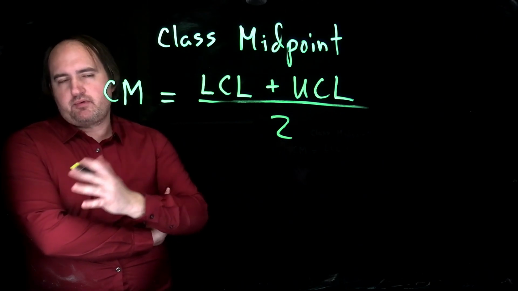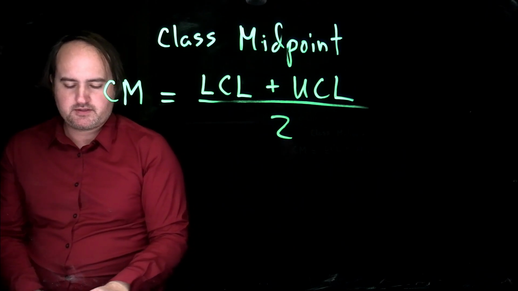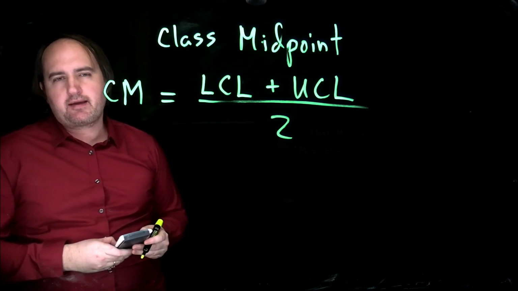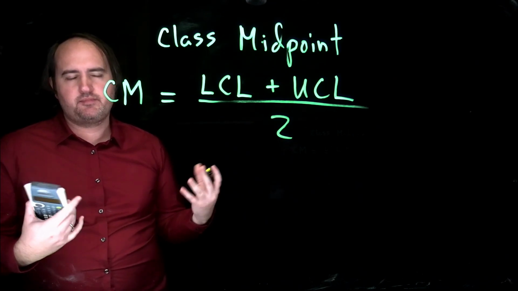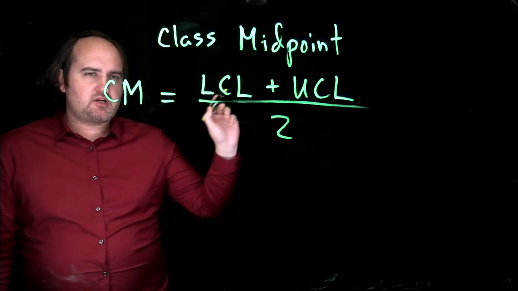And some people may be able to do these in their head, but other people will want to use a calculator. I personally like to use a calculator just to check and make sure if I did it in my head that I did it correctly. But this is for each class.